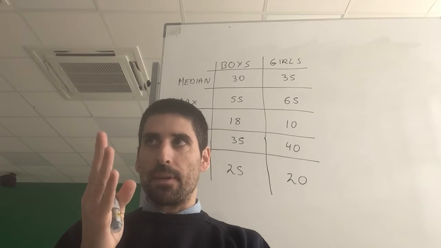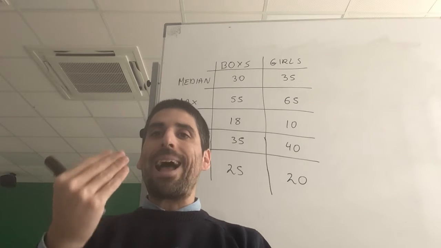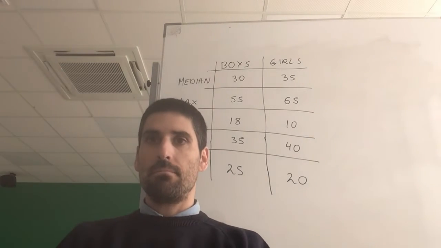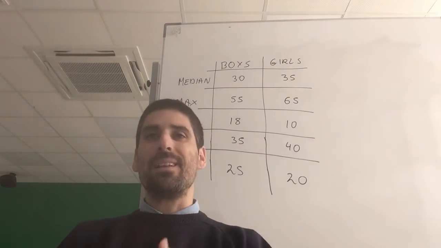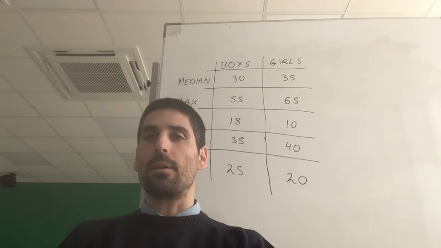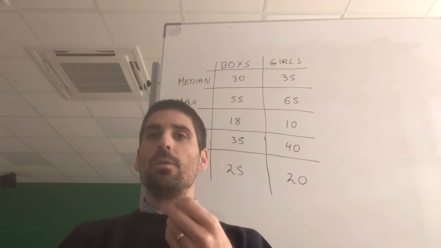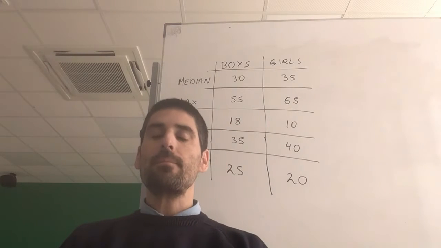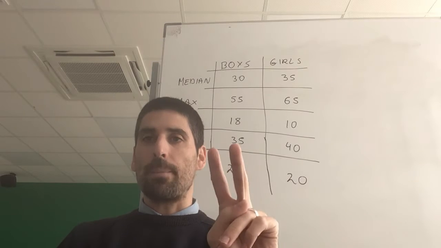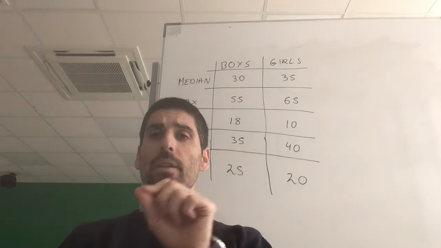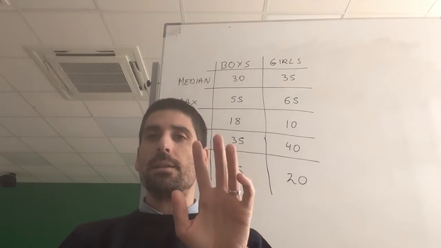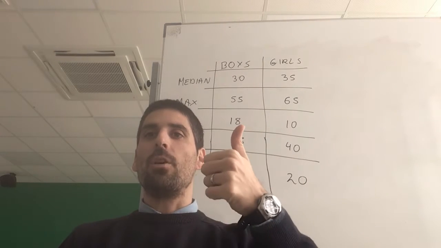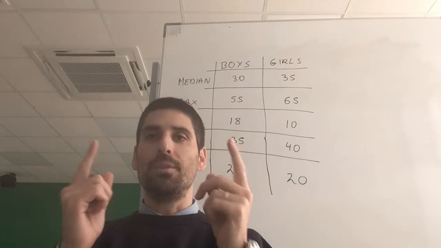Sometimes, in the exam they will ask you to compare two data sets. Just compare them. And typically these questions are worth 2 marks, because in the comparison you have to talk about two different things. The first mark is to compare a measure of average between the two data sets.